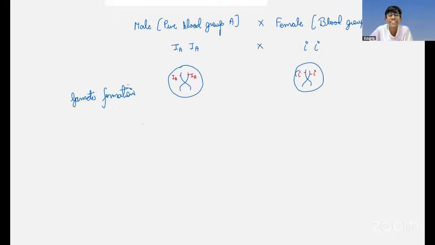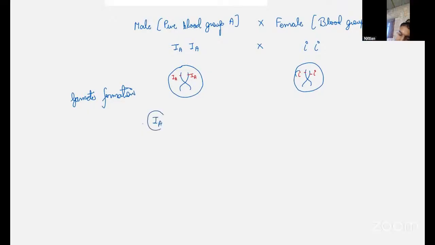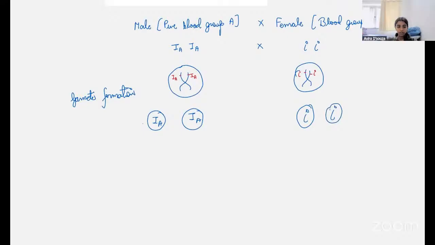So one germ cell will have IA and another will also have IA, because they become half. In the same way, one germ cell will have small i and another germ cell will also have small i. If you didn't understand anything, ask me.